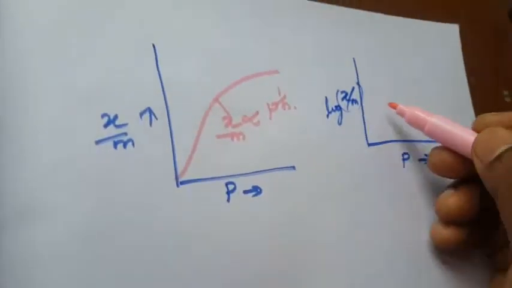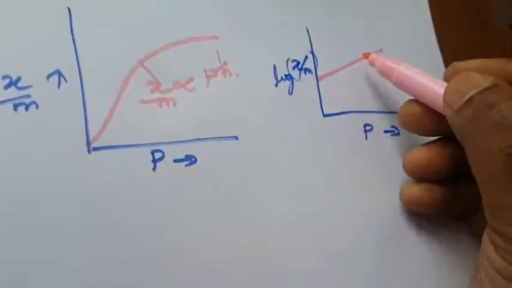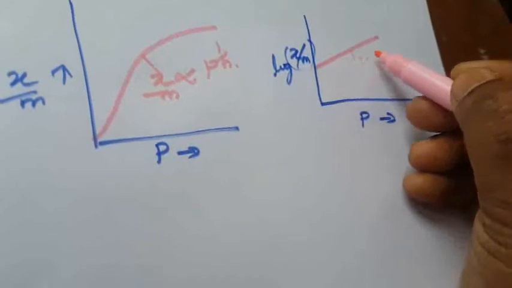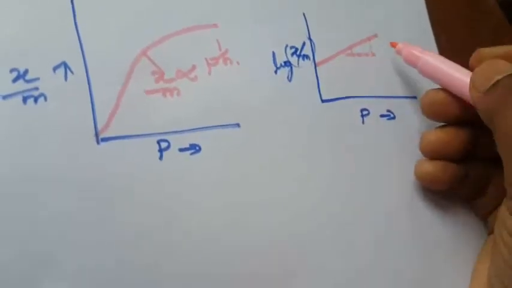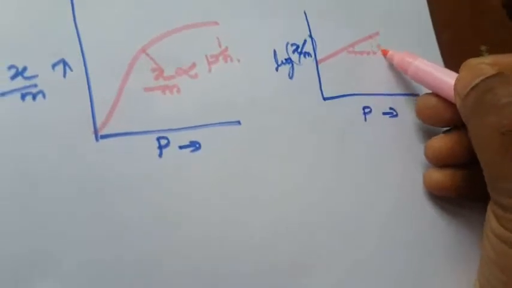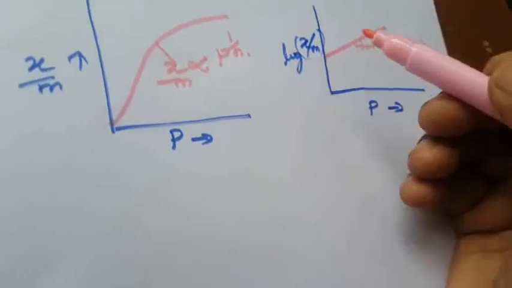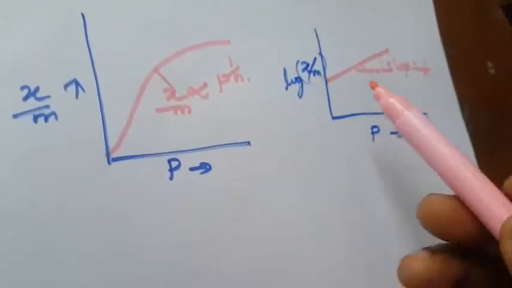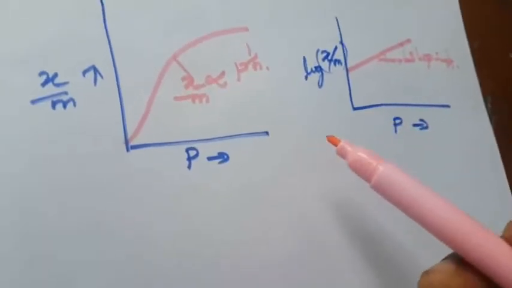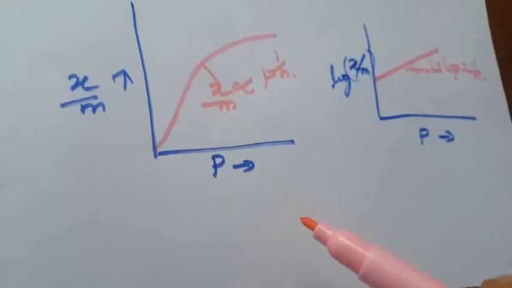But here, one straight line will be obtained. What is the slope? We already calculated that, no? So the slope is equal to 1 by n, and that is the intercept. But what is the reason the changes occur? They have not given an explanation. That is the limitation of this equation.